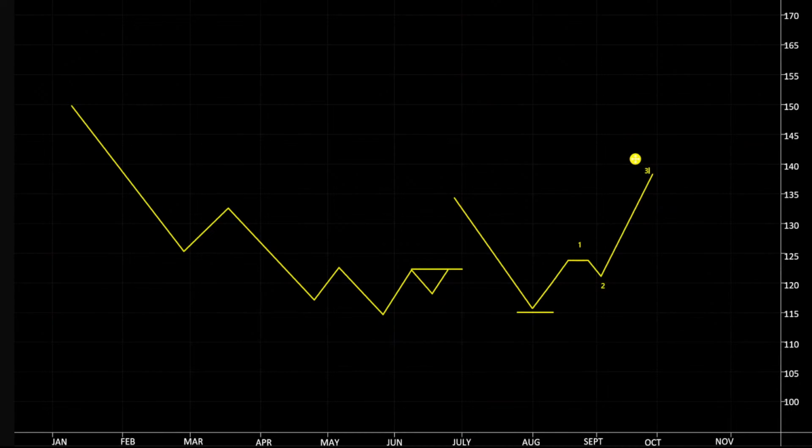And so I call it the 1, 2, 3 formation, but really it's just the patterns that develop within every single bullish uptrend. And it really starts with the depth of that bearish retracement. The deeper that retracement goes, the better it's going to look from an overall victory formation.